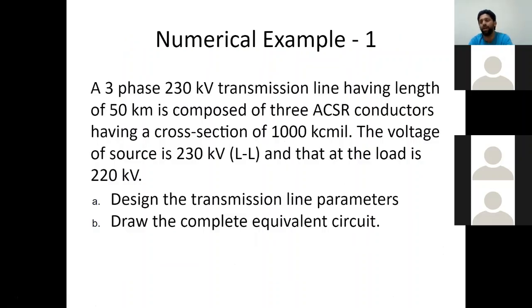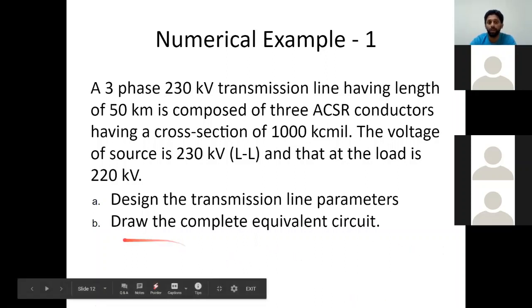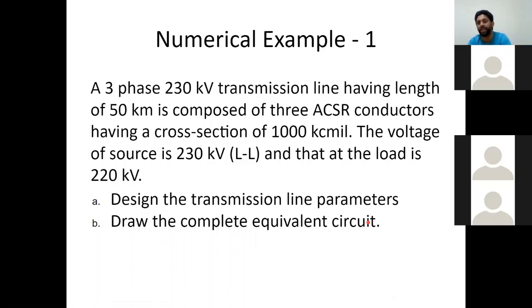Now we are going to a numerical example. Here we are going to find the transmission line parameters. Also, we are going to draw the complete equivalent circuit. Here voltage is given directly. You don't need to calculate voltage.